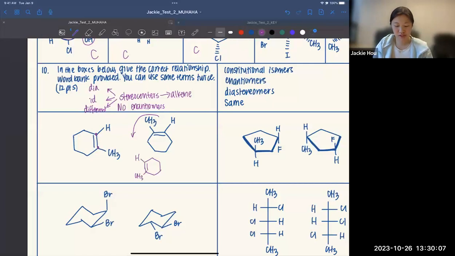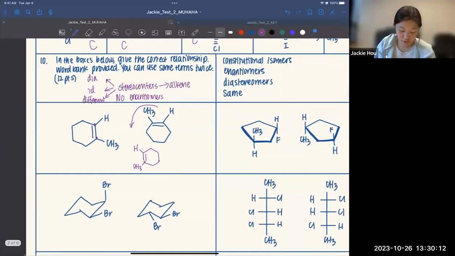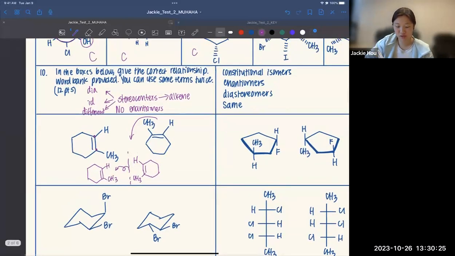Remember that stereocenters determined by sp2 carbons, or alkenes, are not enantiomers, so these are not enantiomers because once I pancake flip over this vertical plane, I get the exact same compound. So these two compounds will be considered identical.